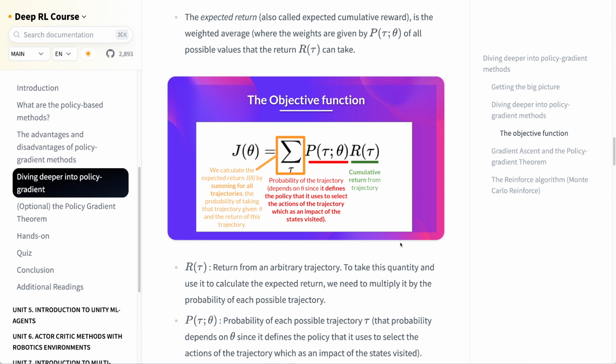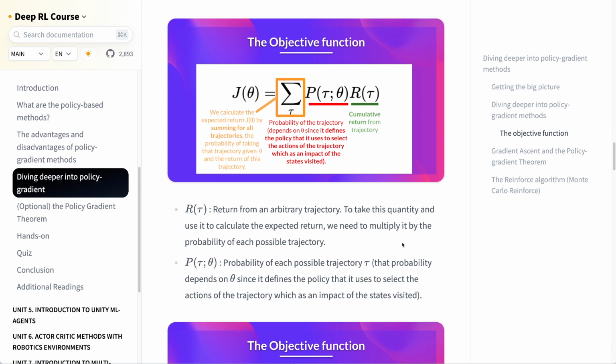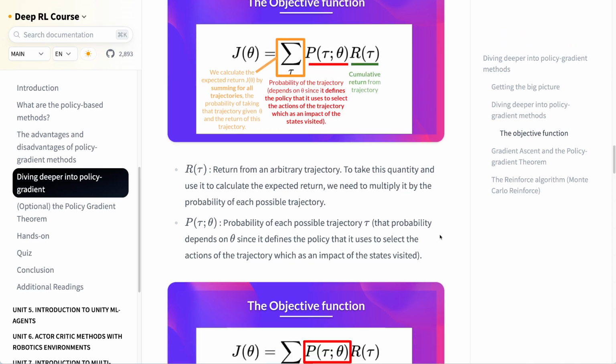To take this quantity and use it to calculate the expected return, we need to multiply it by the probability of each possible trajectory, tau. That probability depends on theta, since it defines the policy that it uses to select the actions of the trajectory, which has an impact on the states visited.